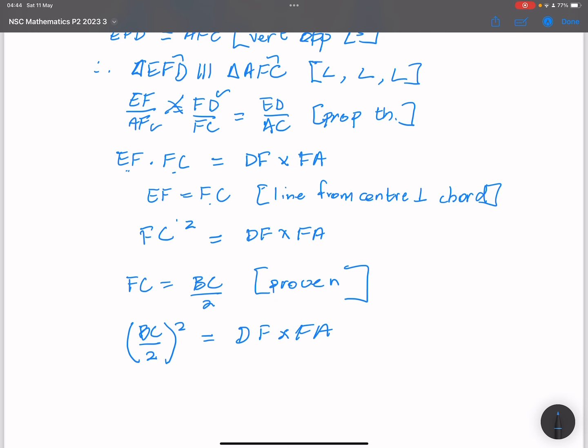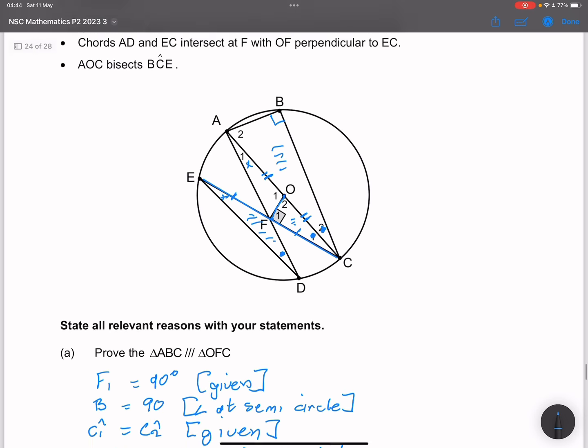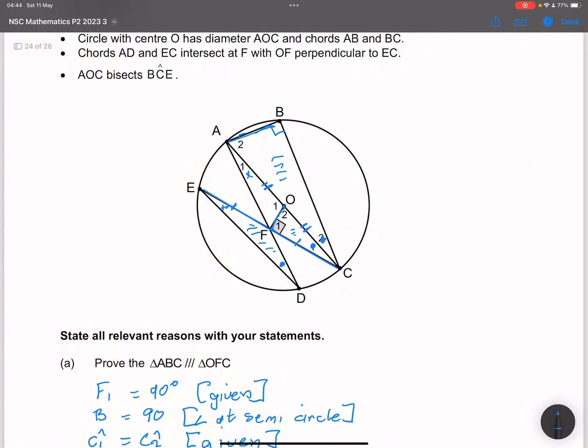Now let's look at BC. So BC is in this entire triangle over here, right? According to the Pythagorean theorem, BC squared would be equal to AC squared minus AB squared. In this case AC is our hypotenuse, right?